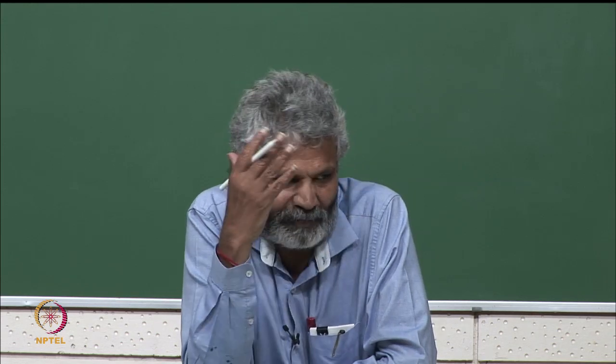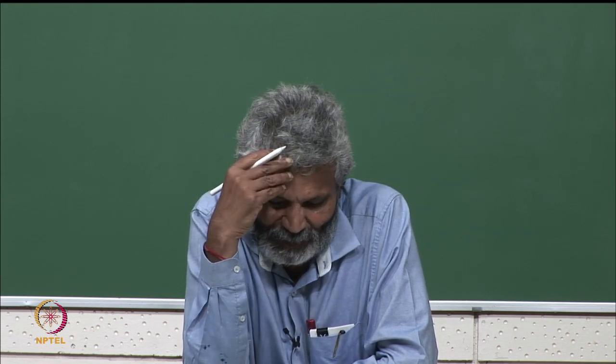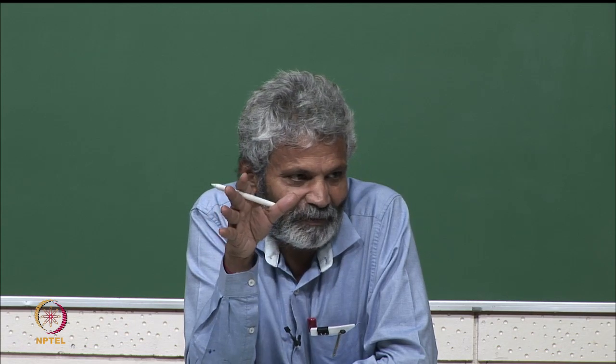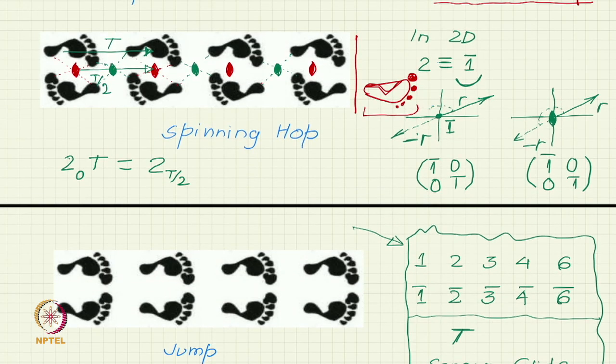Schoenflies, for example, a famous crystallographer, whose notation is Schoenflies notation, took rotoreflection and did not consider rotoinversions, but later when the international tables people came, they considered rotoinversion. But in the end, just like in the 2D case, two-fold is becoming one bar, in 3D you know that one bar is two-fold rotoinversion.